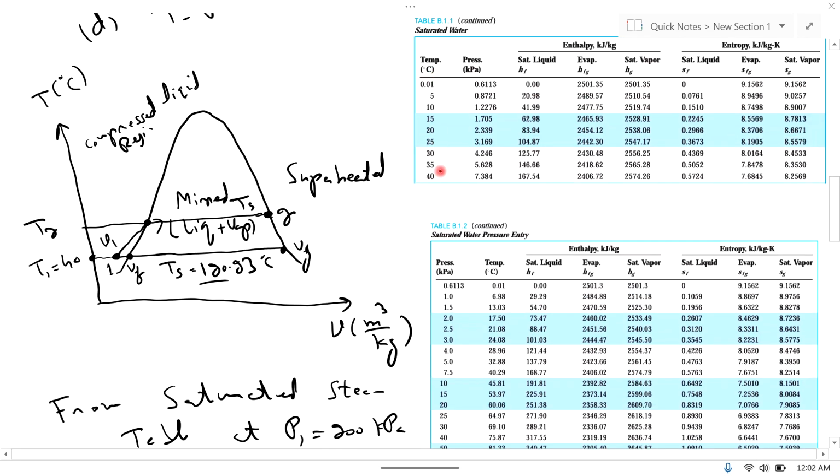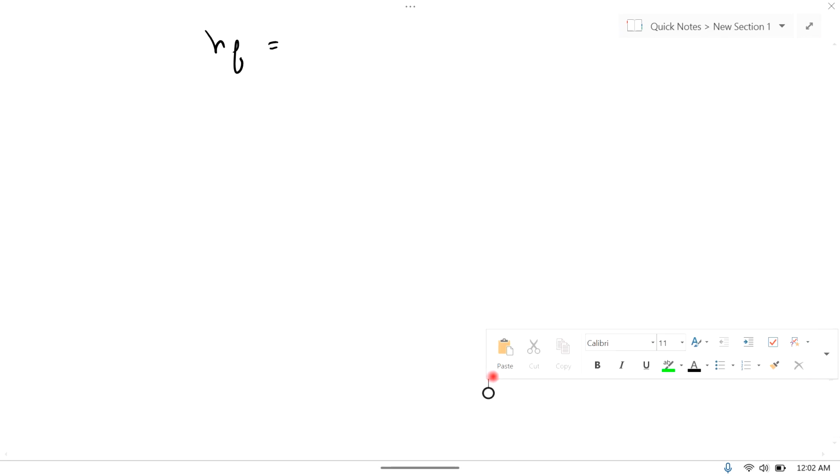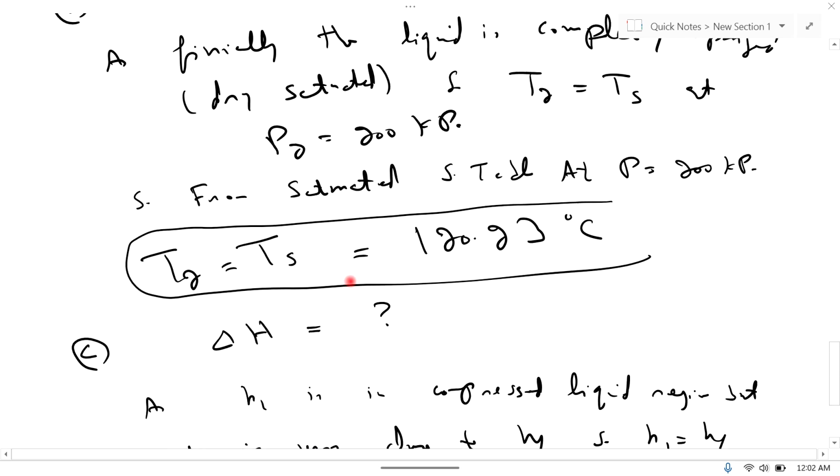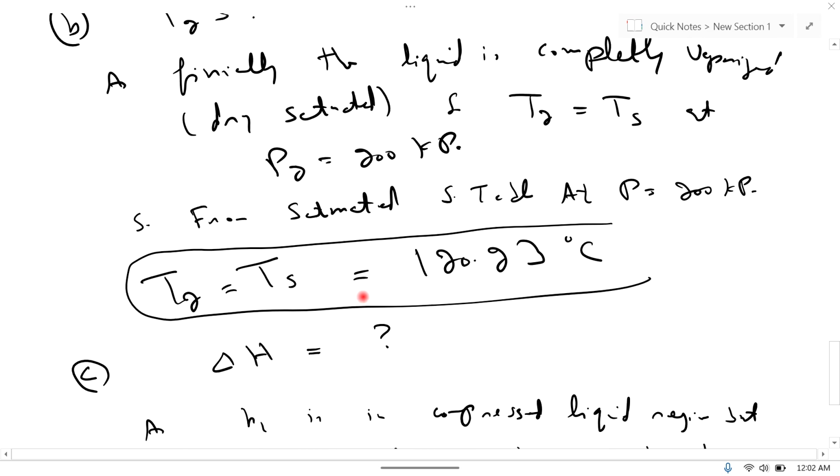This is temperature 40 degrees centigrade, and this value is H. So Hf is equal to 167.54 kilojoule per kg. And H2 is on the saturated vapor line, so H2 is equal to Hg at 200 kilopascal.